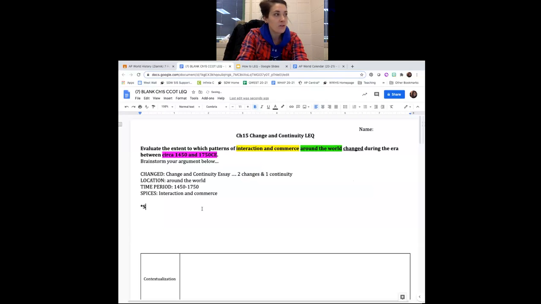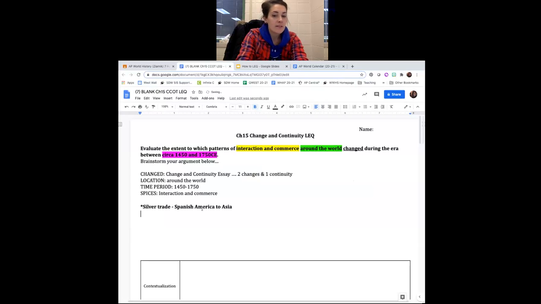I'm writing down that we have silver trade going from Mexico, or from Spanish America, to Asia. We have this fur trade. You could talk about the fur trade in North America, or technically Siberia, to Europe.